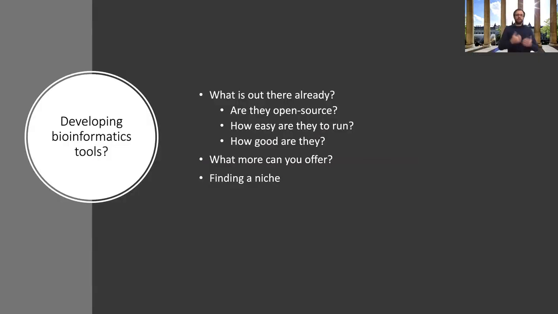If you want to develop bioinformatics software, it's a good idea to have a look at what's already out there. Is there any other open source software already that you can use? How easy is that software to run? If you're not a computer programmer, you might find it difficult if you just have source code available because you don't know how to compile it and run it.